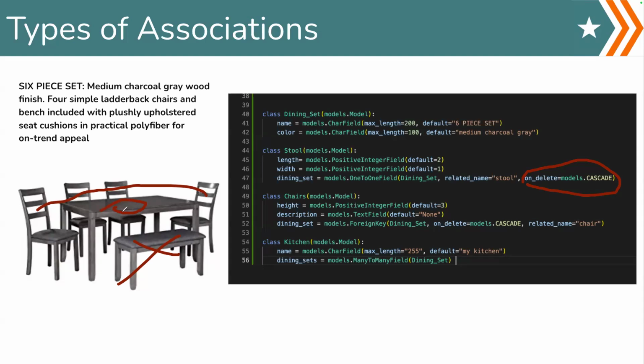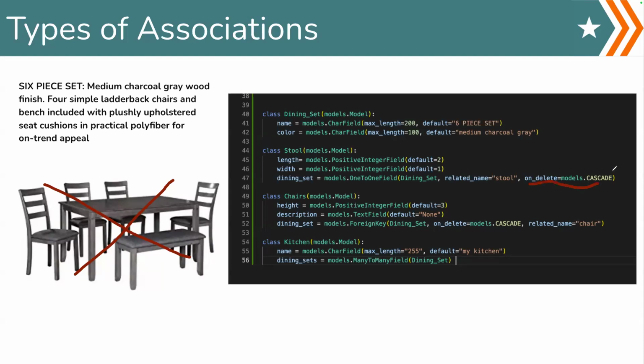I wouldn't want it to be removed. So I would not put the relationship within the dining set level. Instead, I would put it within the stool level. Because if I were to lose the entire dining set, well, I don't want to see any of the chairs, the table, nor the stool still represented in my database or my data table. I would just want them all to be removed.